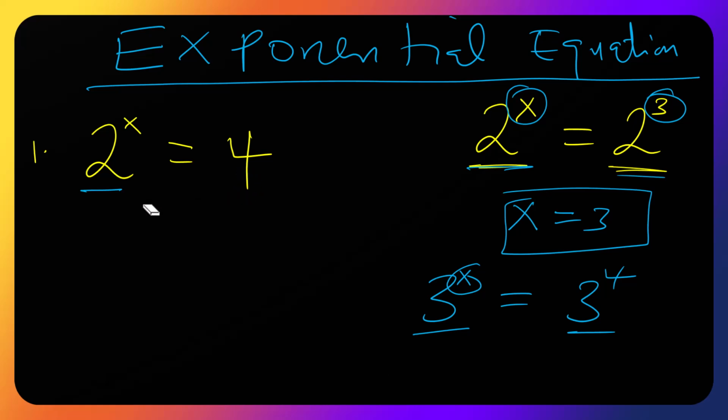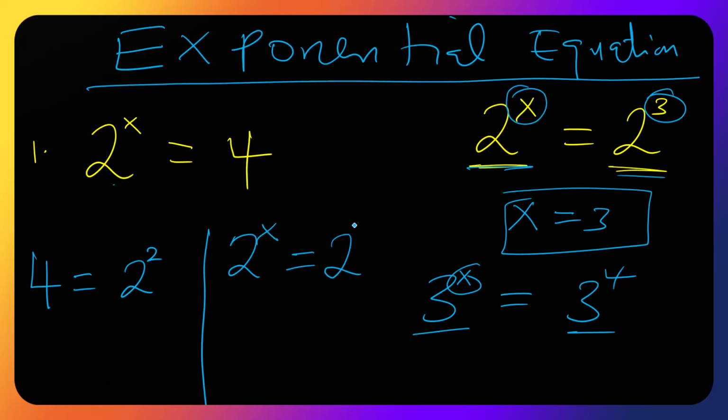Don't say x equals nothing here. 2 here, 4 here, and 4 is the same as 2 times 2, that is 2 squared. So since 4 is the same as 2 squared, in place of 4, I'll put 2 squared there. And therefore, I'll get 2 to the power of x equals 2 squared. Therefore, x equals 2. As simple as that.